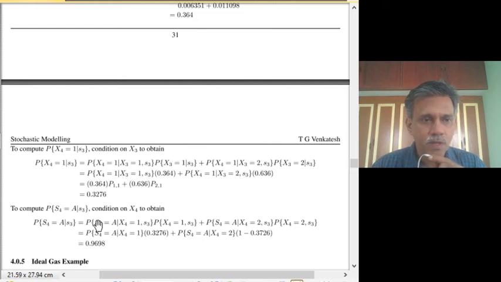So we use that fact that in fourth time there can be 2 possible states, 1 or 2, corresponding probabilities we invoke. So this we write it as S4 equal to A given x4 equal to 1 comma S3 into probability of x4 equal to 1 comma S3, plus S4 equal to A given x4 equal to 2 comma S3 into this one.